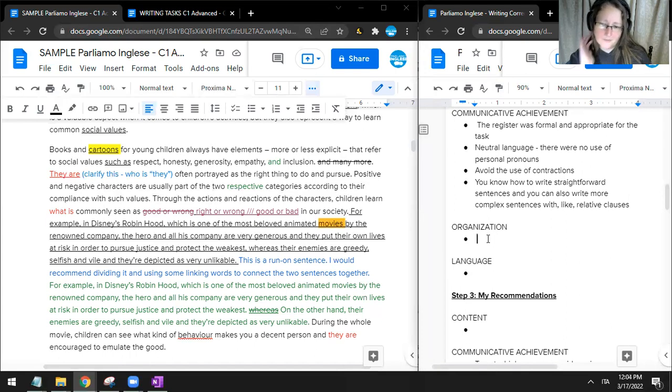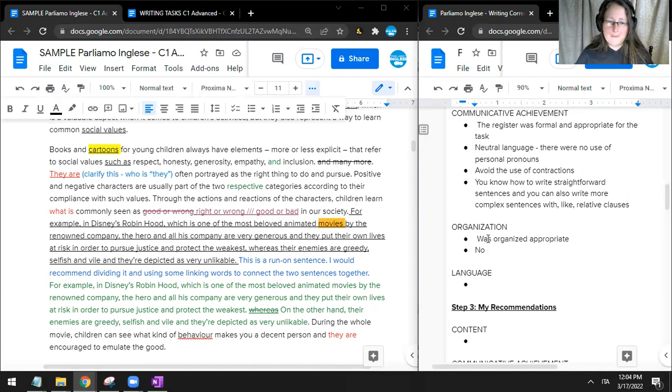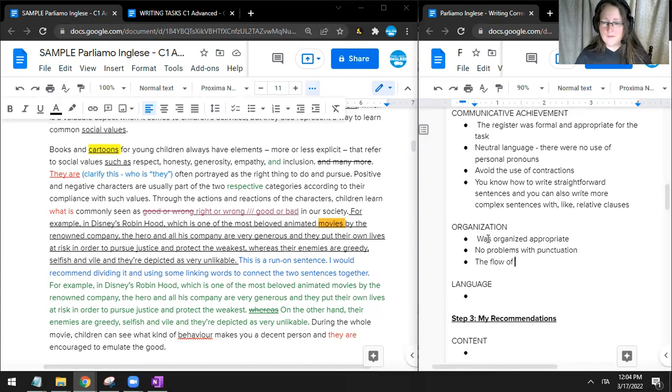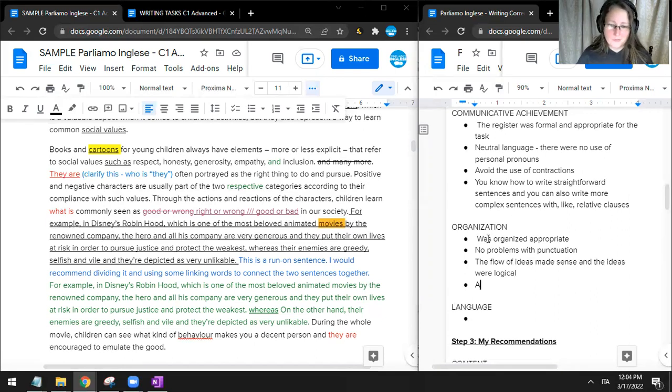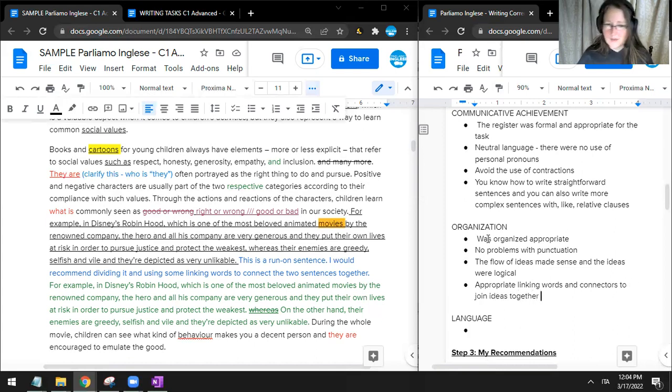So organization, it was organized appropriately, no problems with punctuation. The flow of ideas made sense, and the ideas were logical. You used appropriate linking words and connectors to join ideas together.